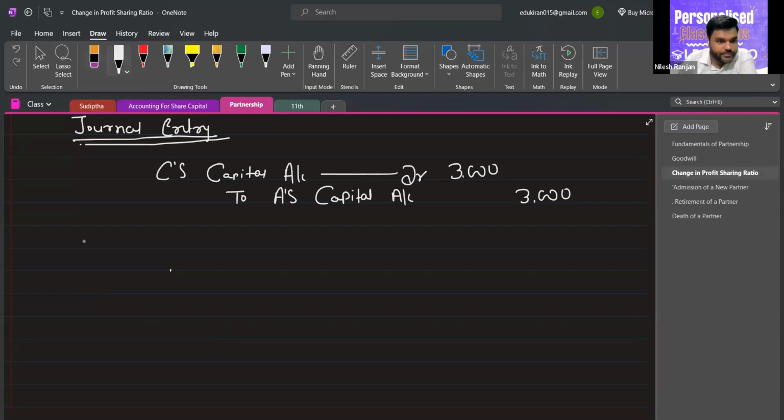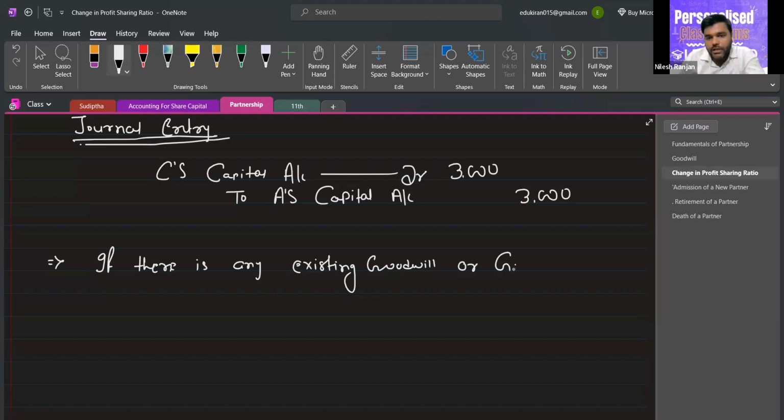So what we do here: the existing goodwill, or goodwill appearing in the books, if there is any, then we will write it off.